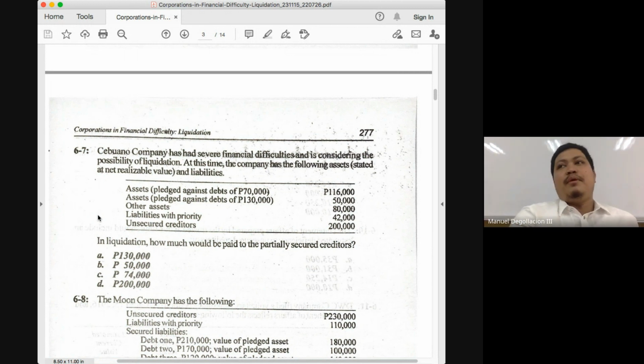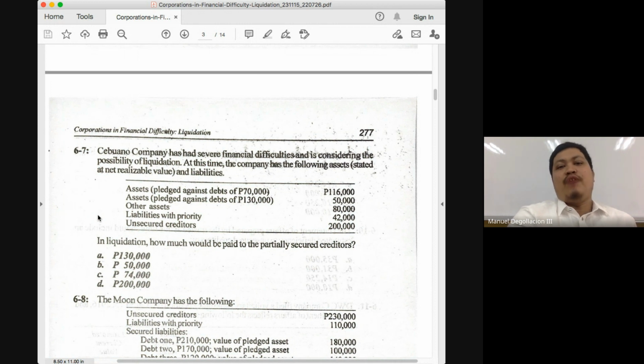How much will be paid for the liabilities with priority? Is there a need to compute for that one? No, because again, they are expected to receive 100%, because they are to be paid first out of all our free assets. So how much will be paid for liabilities with priority, class? 42,000.